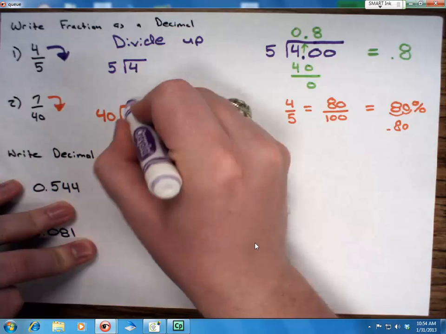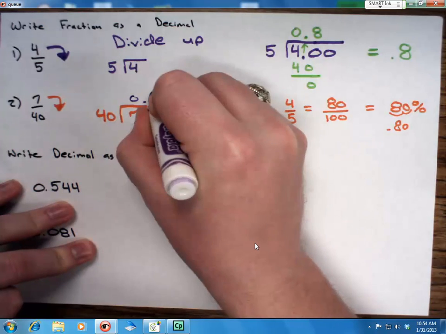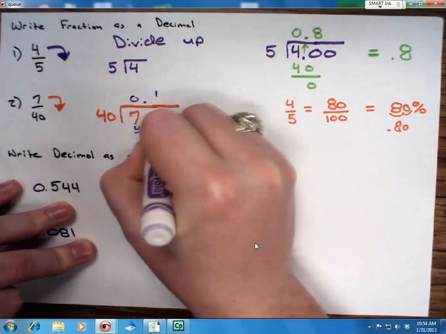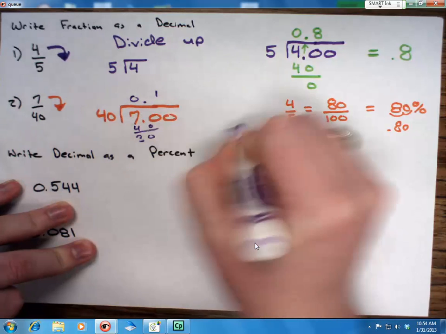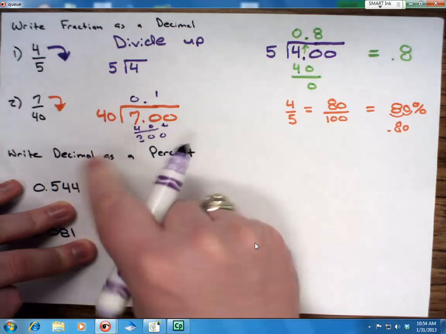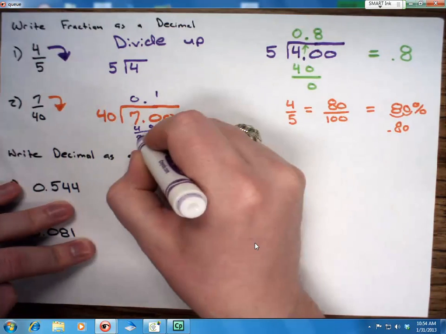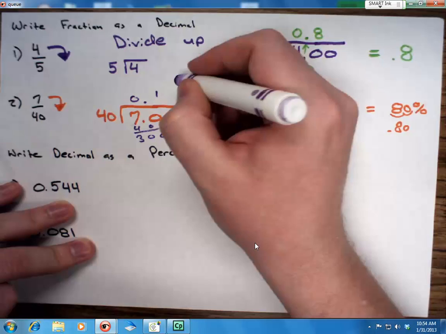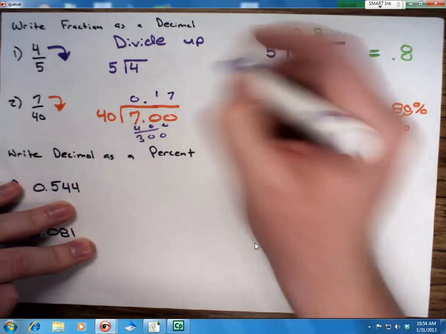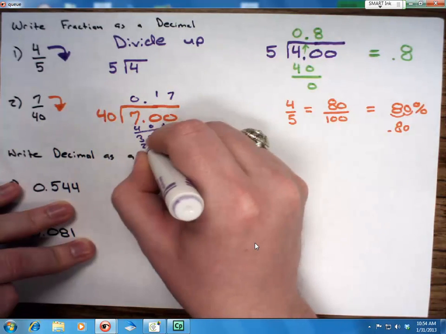40 goes into 7 0 times. It goes into 71 time, which gives me a leftover of 30. I'll drop down my 0. 40 goes into 300, I don't even know how many times. Probably 7 times, which gives me, what, 280?